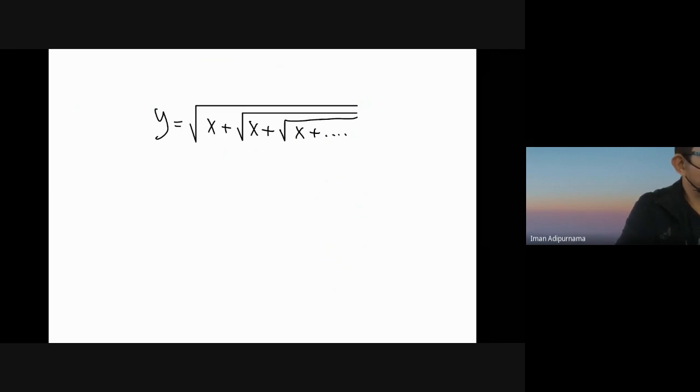How to solve this? By using implicit differentiation. First, we can take this y and square both sides. No problem, right? So we have y squared equal to x plus this.